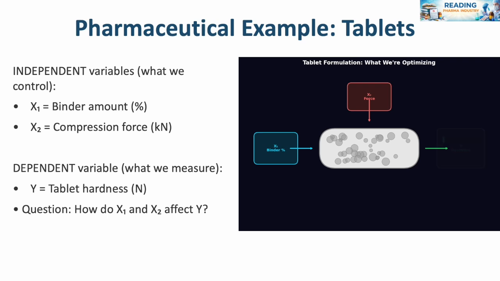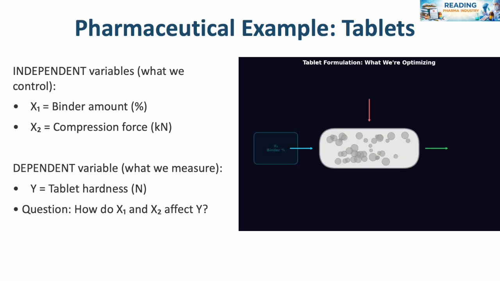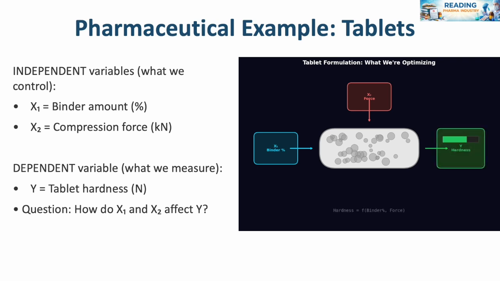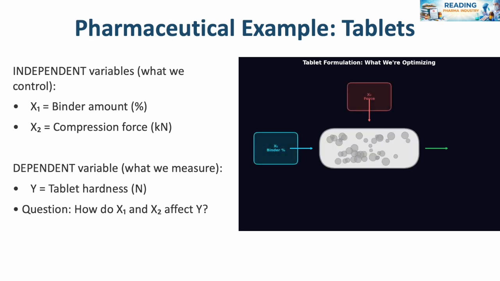The question we want to answer with the factorial design is: how do x1 and x2, because those are the input values, affect Y, which is the output value, the dependent variable?